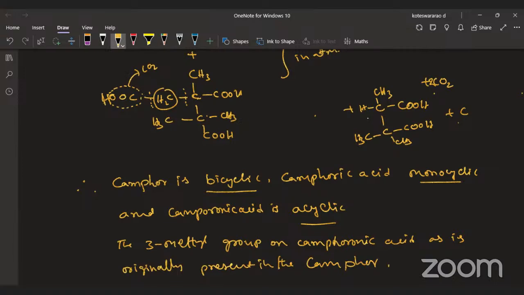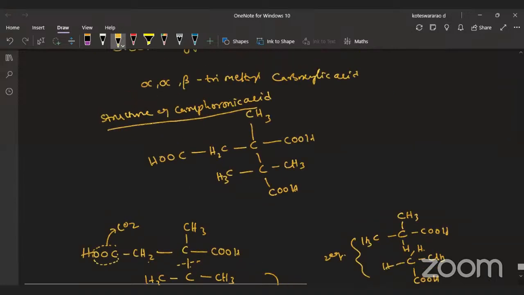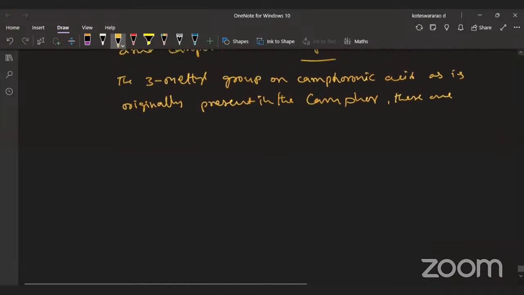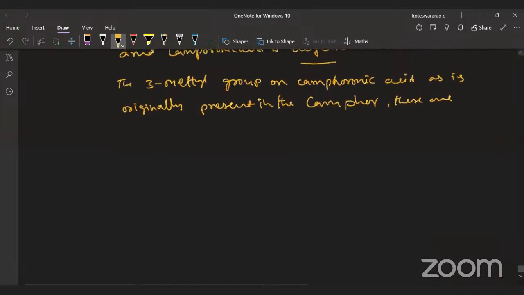These are not affected by oxidizing agents or oxidation reactions.